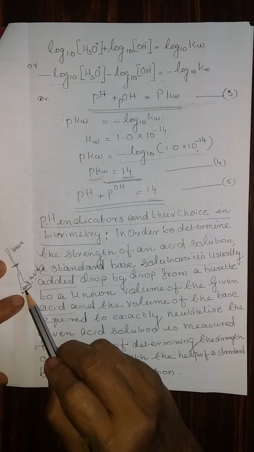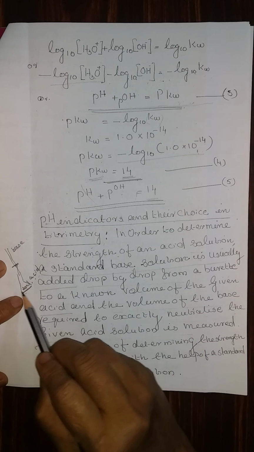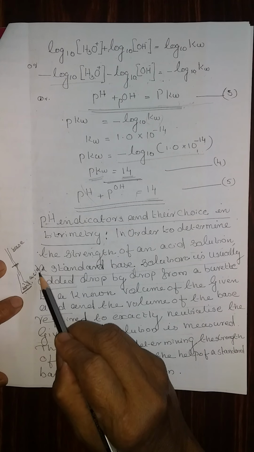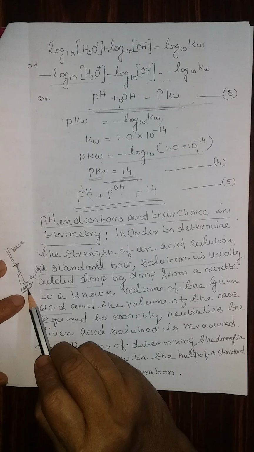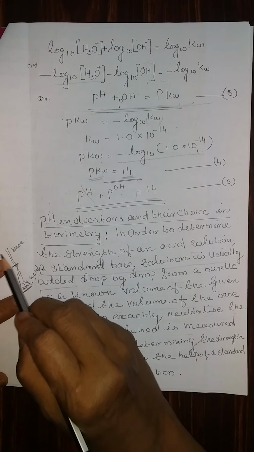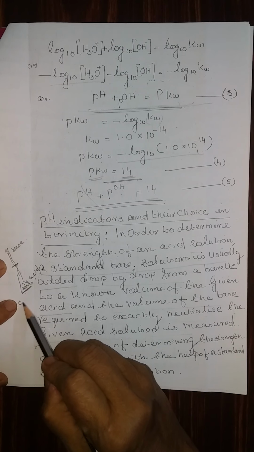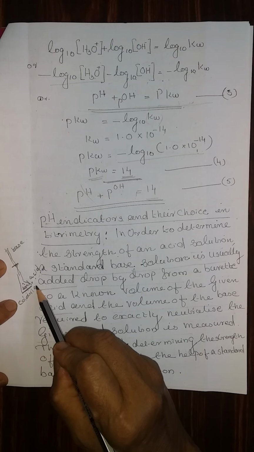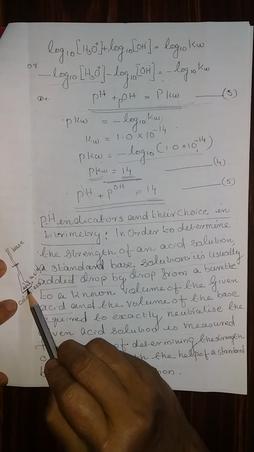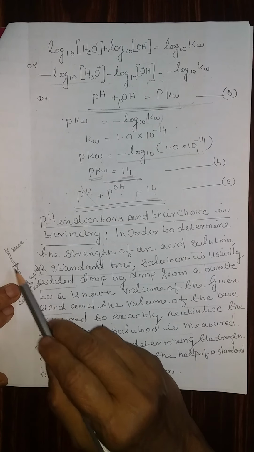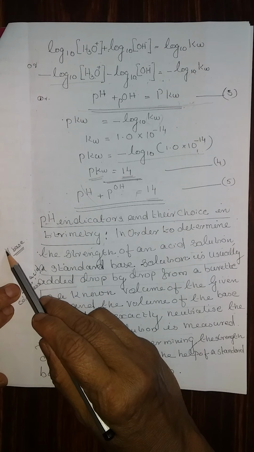Here we are going to talk about the phenolphthalein indicator. Add 1 or 2 drops of phenolphthalein into this acid, that is 20 ml of the acid, and phenolphthalein in acid is colorless. Therefore this colorless solution is titrated against the base taken in the burette.